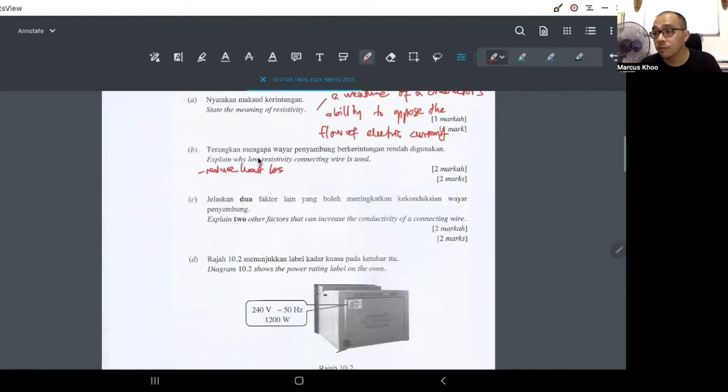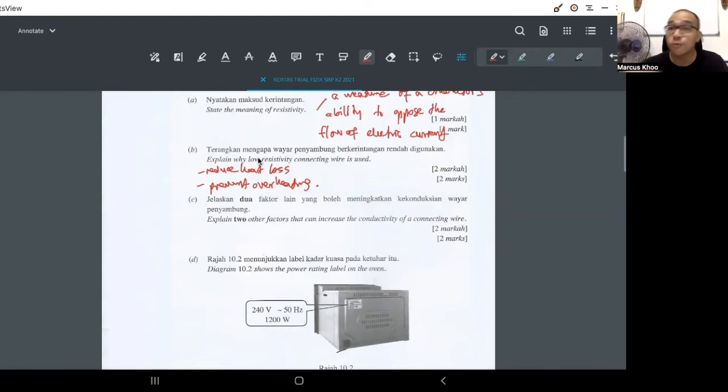And secondly, to prevent overheating. This is pretty standard. So to reduce heat loss or to prevent overheating are the usual 2 reasons we give for low resistance.